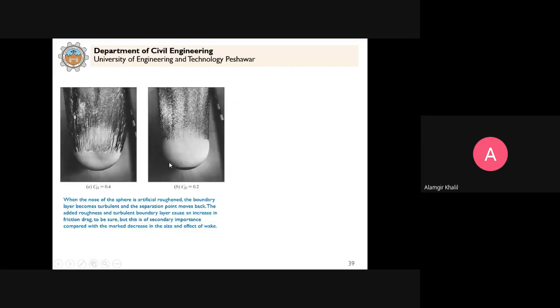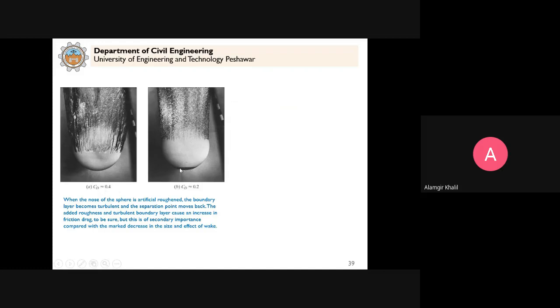Now we come to discuss reducing the drag forces on bodies. You can see here that in this case, when a smooth sphere is moving through the fluid, the drag coefficient is 0.4.